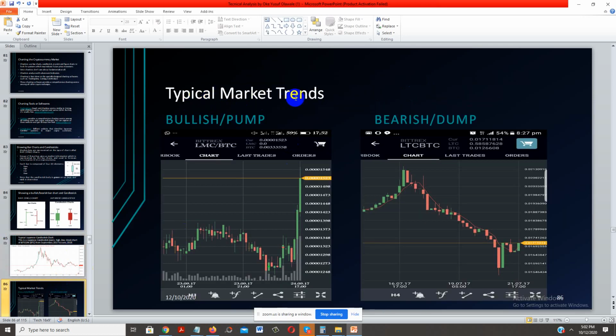Now, this is a typical market trend: bullish slash pump, bearish slash dump. When it is bullish, you see green candles, sometimes a very sharp green candle, sometimes a gradual move up. The bearish slash dump, as you can see, the red one here is gradual. It didn't dump at once. So this is a bearish pattern, this is a bullish pattern.